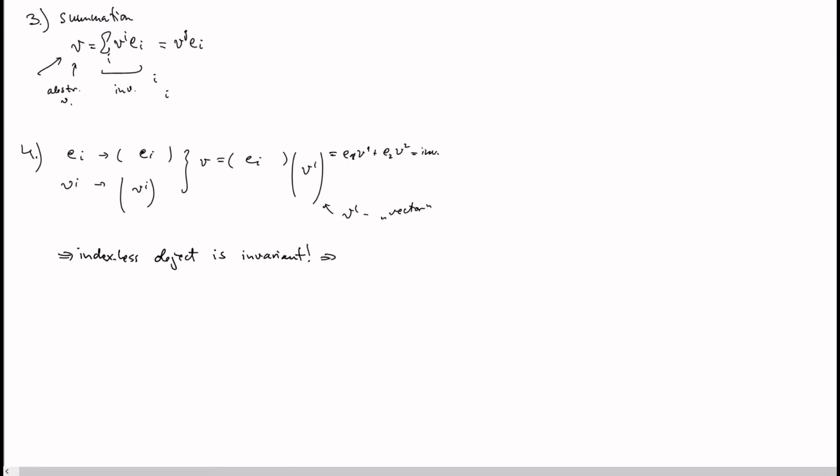And it's either invariant because it's a scalar product, so it's a scalar, or it's invariant because it's an abstract vector.